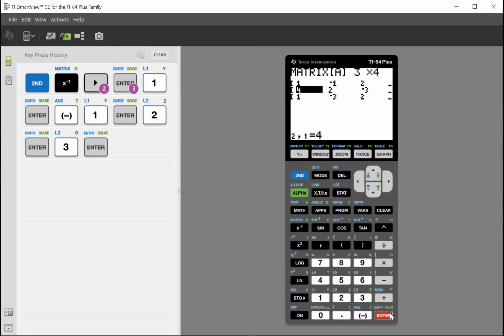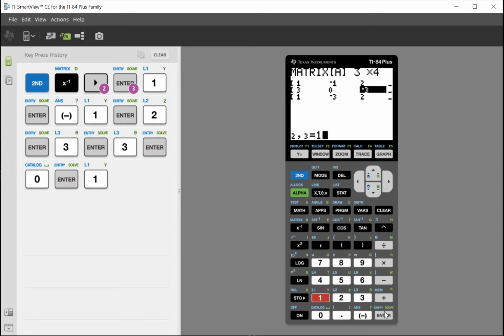You had 3 x's, so that'd be 3, enter. We didn't have any y's on the second row, y'all, so what are we putting? 0. So we're going to put a 0, enter. I had 1z, so that'd be 1, enter. And then that answer equaled 3, and enter.